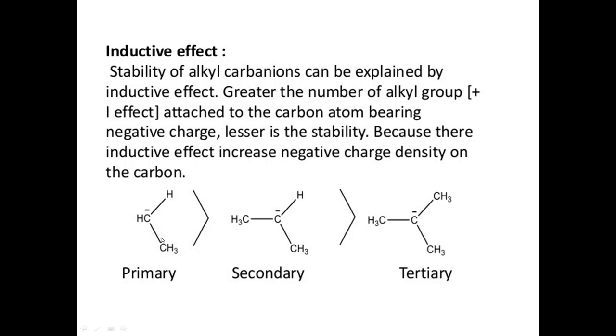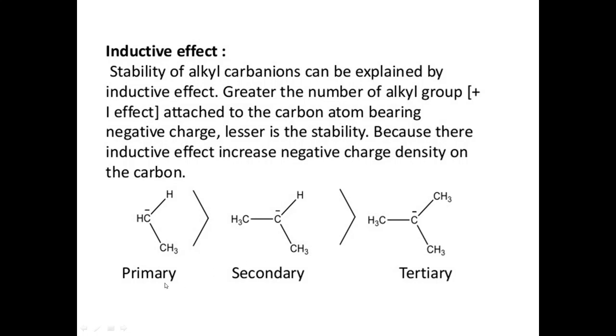Now, as the alkyl groups increase, what is happening? The electron density on this carbon anion increases. Why? Because these methyl or alkyl groups are electron donating groups. Hence, if the alkyl groups increase, the electron density on the carbon anion increases and the stability decreases.